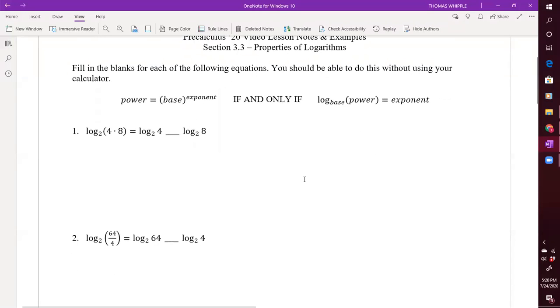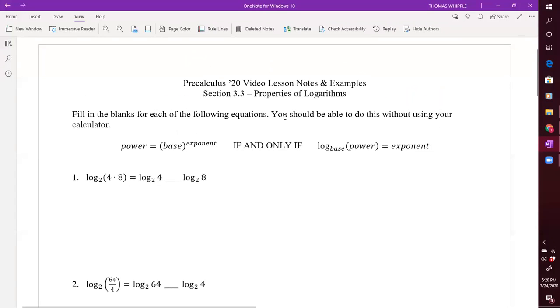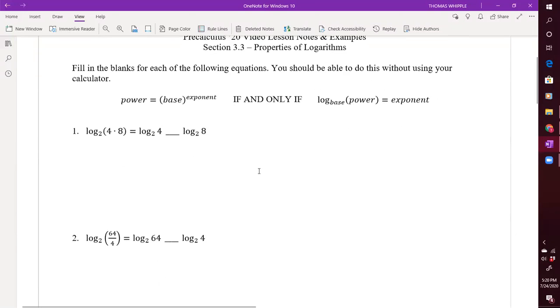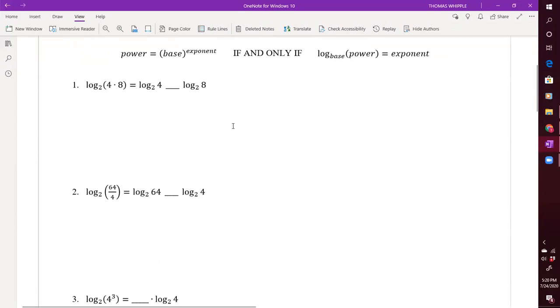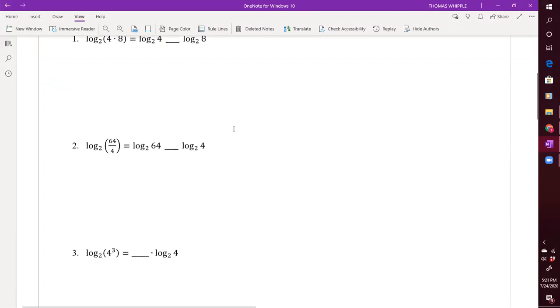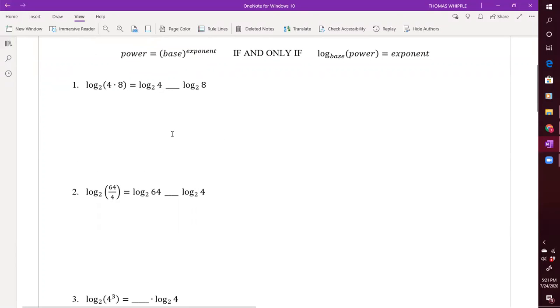So now what I'd like you to do is pull up the video lesson notes and examples, take a look at items 1, 2, and 3 and see if you can fill in the blanks with either a number or an operation, something like plus, minus, multiplication, division.